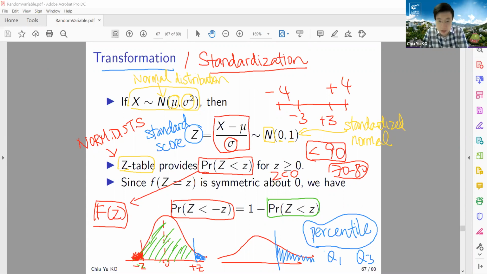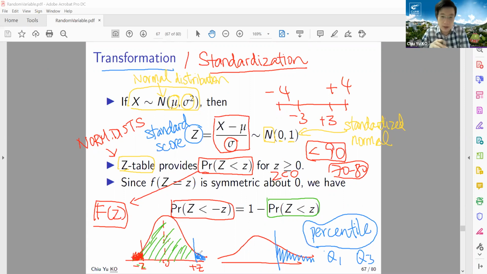Because it's symmetric about 0. But the Z table usually gives you the green area, right? But they are complements, so this one subtracted from the green will give the blue. Is that okay?